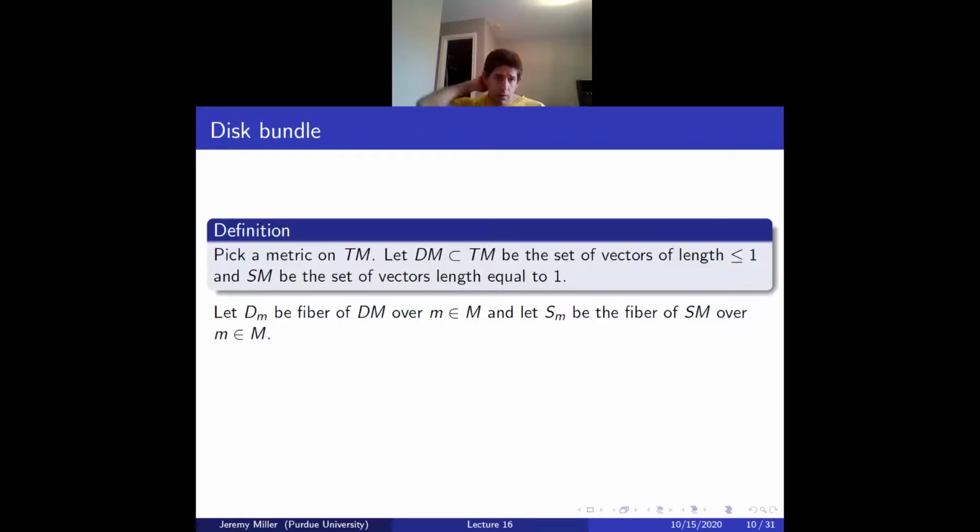Okay, so when we constructed the scanning map for abelian groups, we talked about how to build this disk bundle. We pick a Riemannian metric on the manifold.